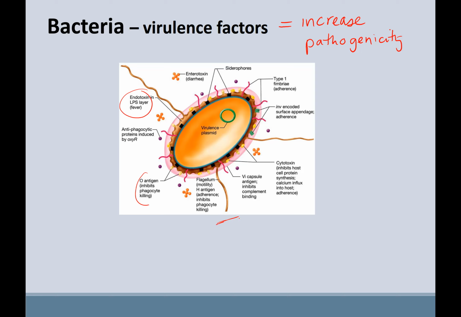We have flagella. We have capsules. There are things called cytotoxins, which affect the surrounding eukaryotic cells. Enterotoxins, and we also call these exotoxins because they are produced and secreted into the environment.